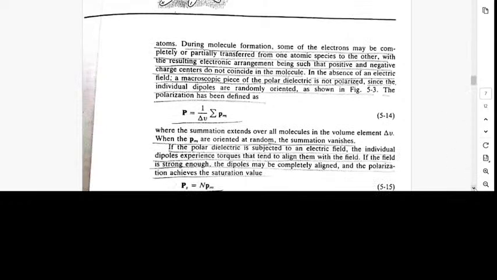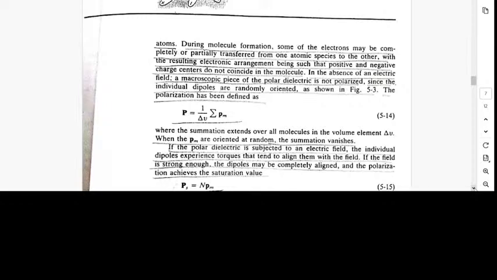And the polarization of such an arrangement has been defined in our previous classes that P is equal to 1 over delta V sigma Pm, means dipole moment per unit volume. This is the total polarization of such type of arrangement.